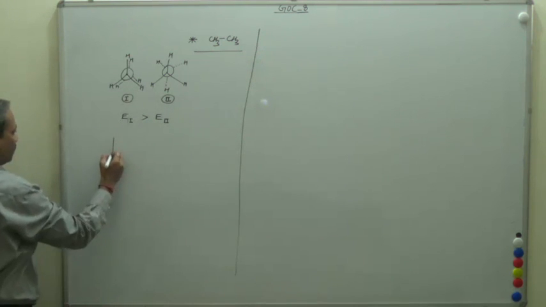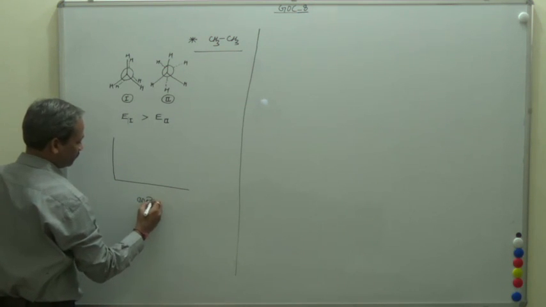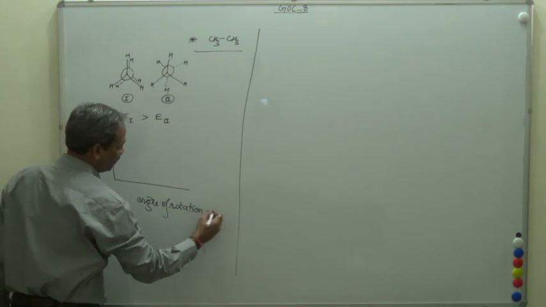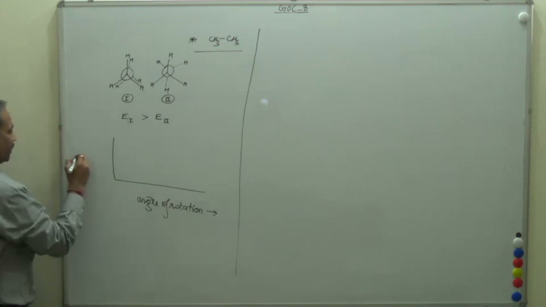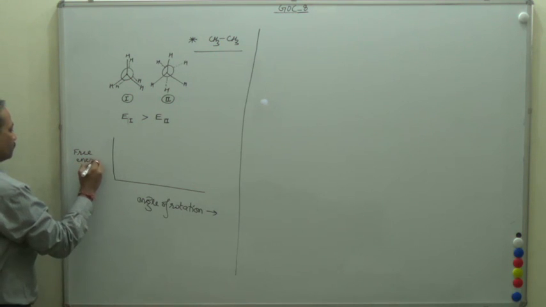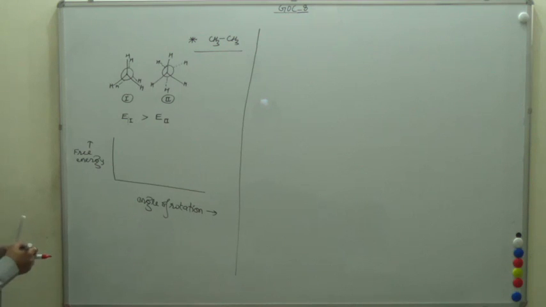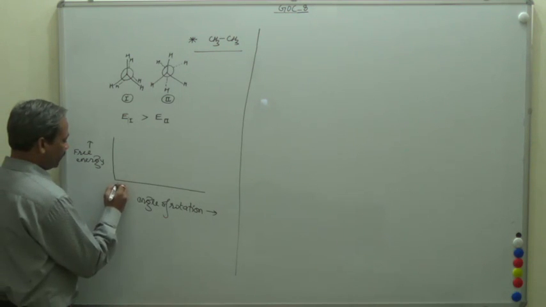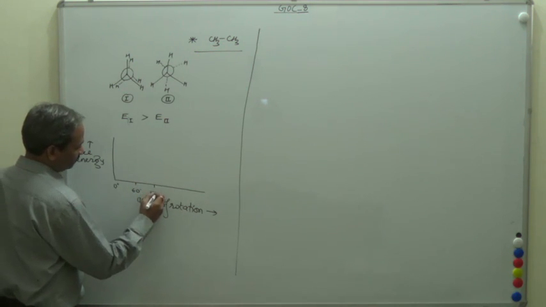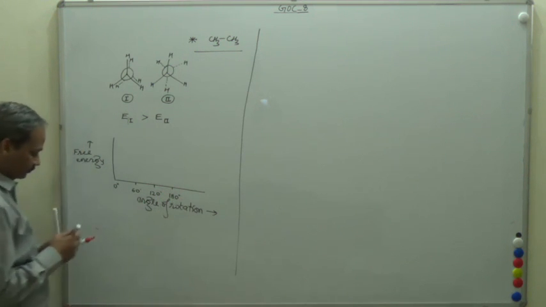So if we draw a curve between the angle of rotation on one of the axes and the free energy of these conformers, this is 0° dihedral angle, this is 60° dihedral angle, 120, 180 and so on.